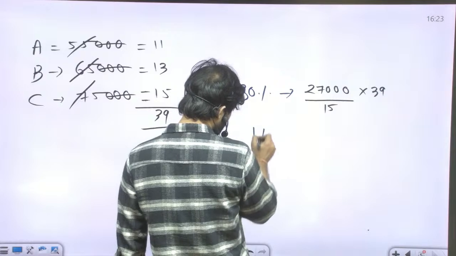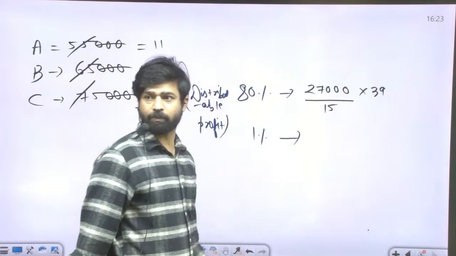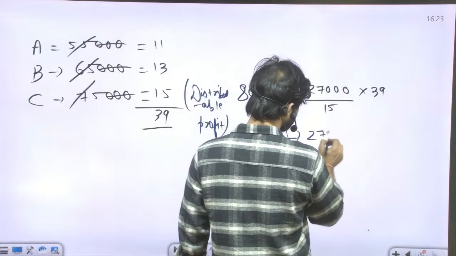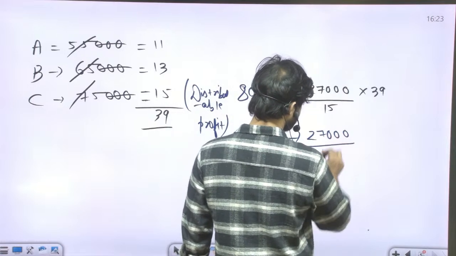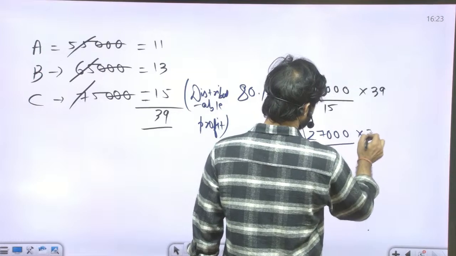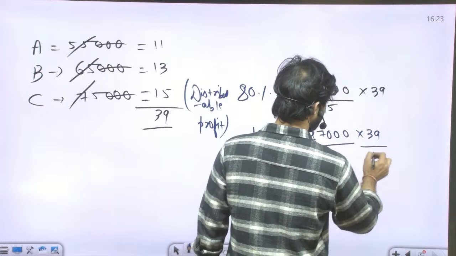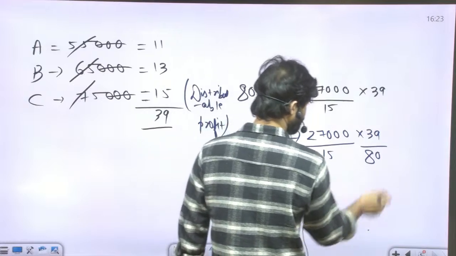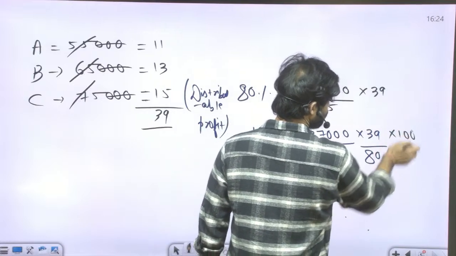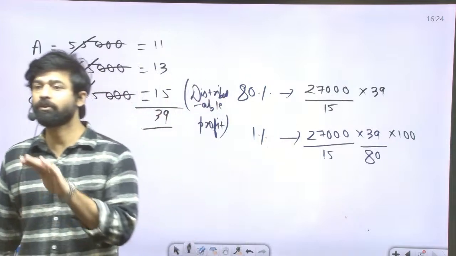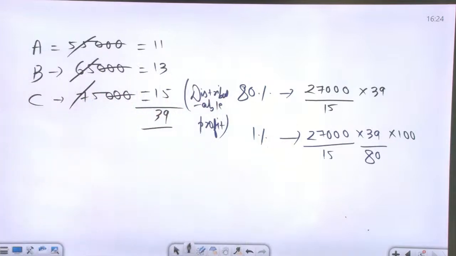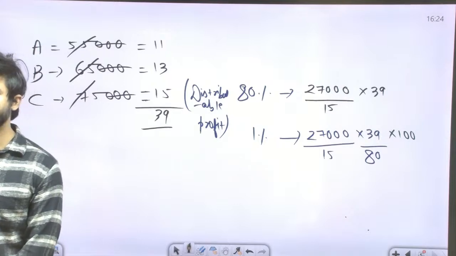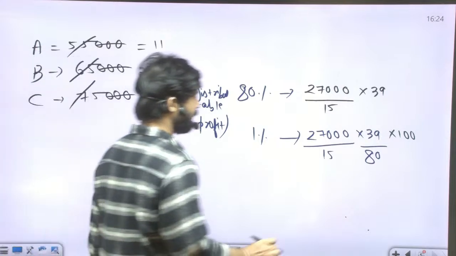To find out the total profit, we need the value of 100%. But before that, we can find out the value of 1%. So divide by 80, and if I multiply it by 100, then I will get the value of 100%, and that 100% is the total profit. Any problem in this? Okay, let's calculate it now.